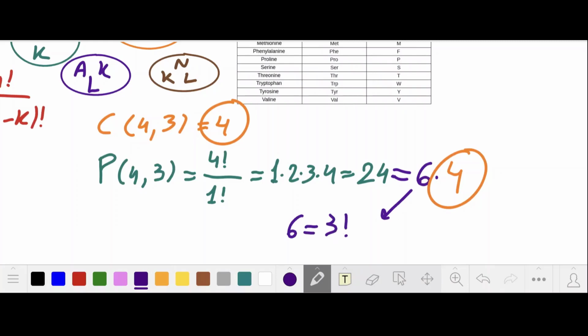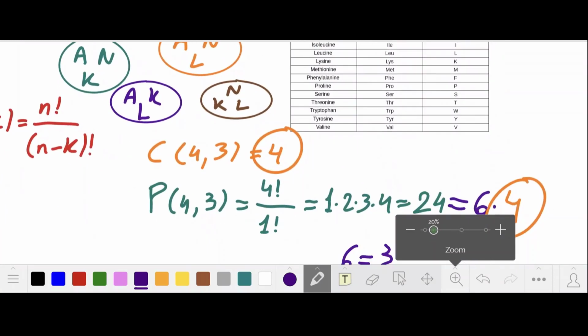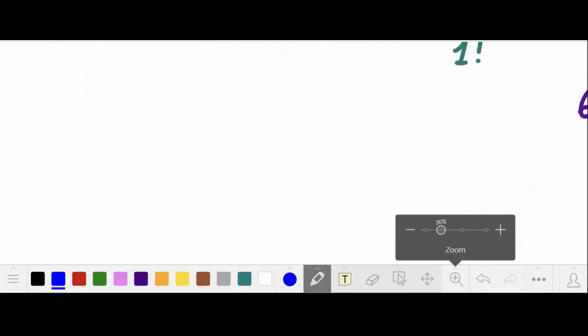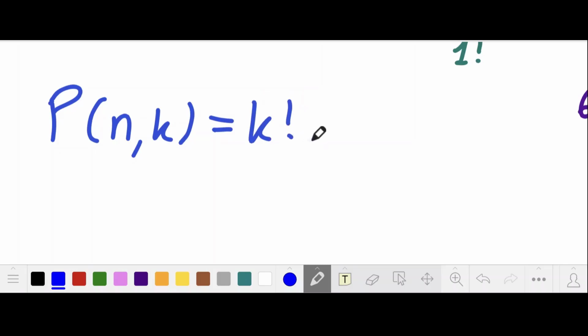And 3 is the amount of amino acids that we use in each of our combinations. Okay, so in general, we can deduce that the amount of permutations of objects is k factorial times as big as their combinations.